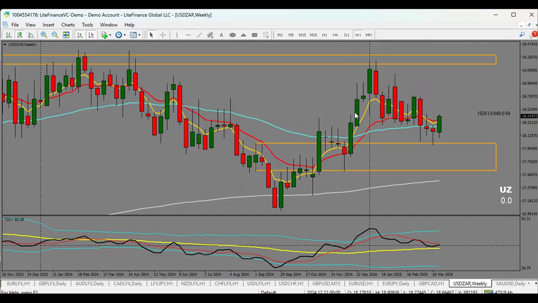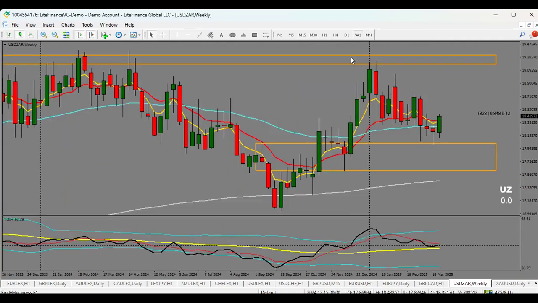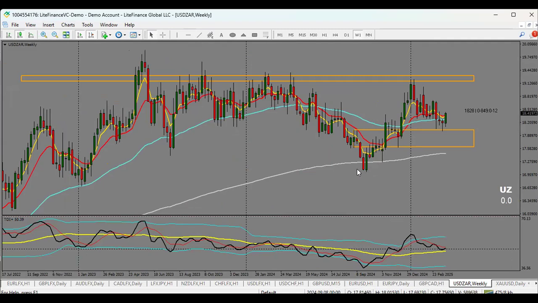But right now, based on the monthly, the market structure is still bearish, although this might be just a retracement. So this candle will close tomorrow, and then we have to have another candle here to fill the week. So based on the weekly time frame, the market had moved from this area here.